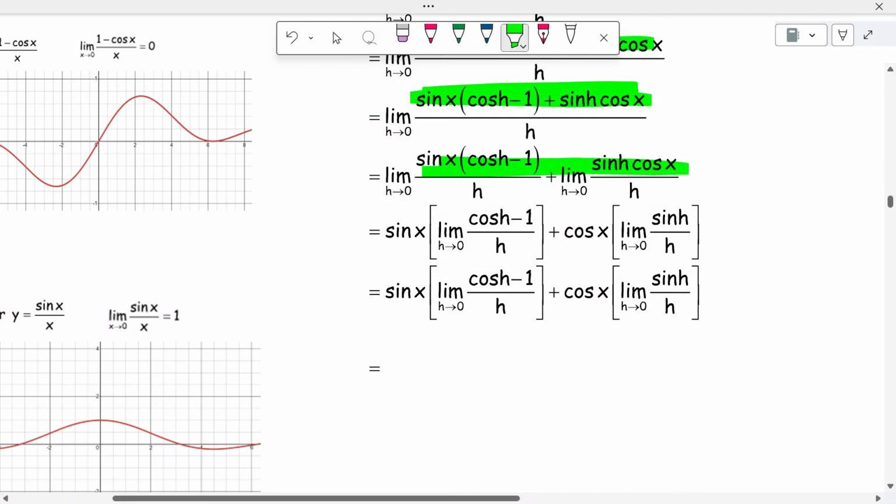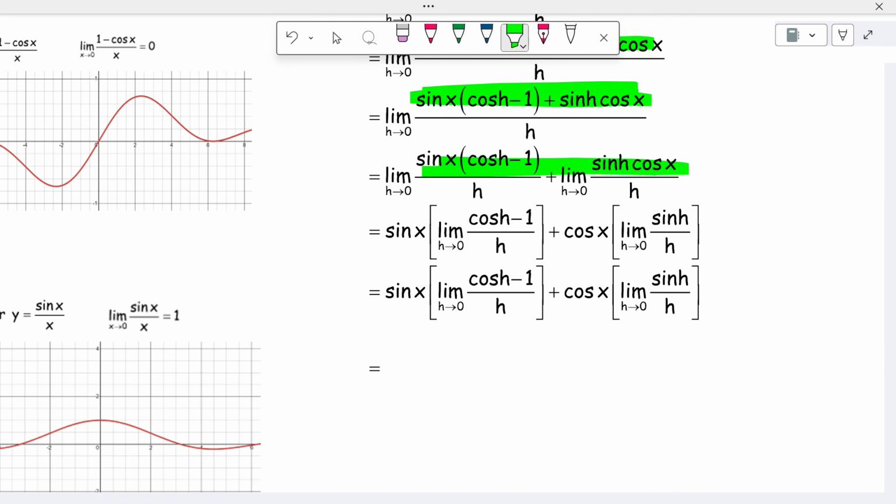And then, right, they just factored the sine x out of the limit just because the limit is in terms of h. Do you guys agree? So anything that isn't in terms of h can be brought in front of the limit. Just like we did last class, any numbers, we brought outside.